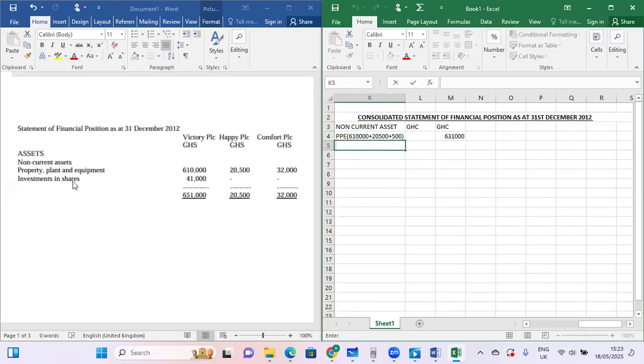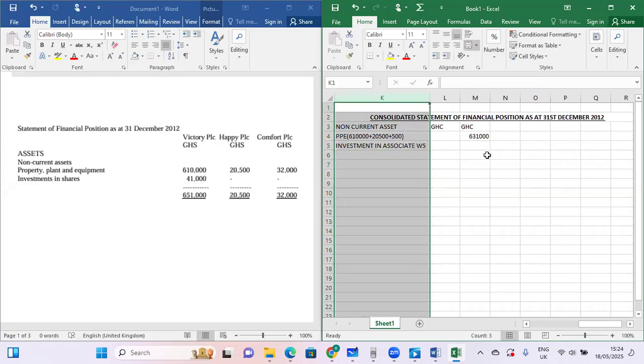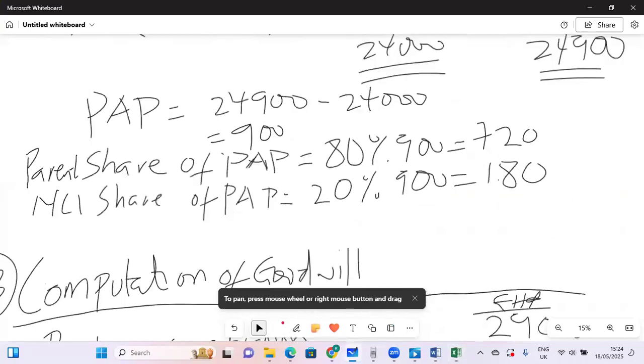Now our next thing here is goodwill. But let's first deal with investments in associates. So investments in associates will come in here, and that is our workings 5. And what did we get for workings 5?